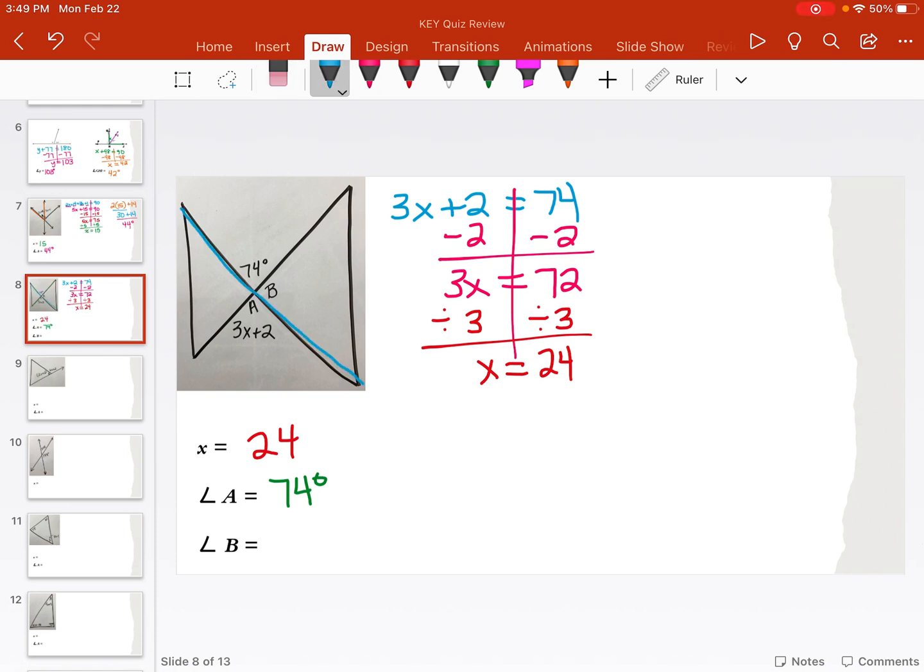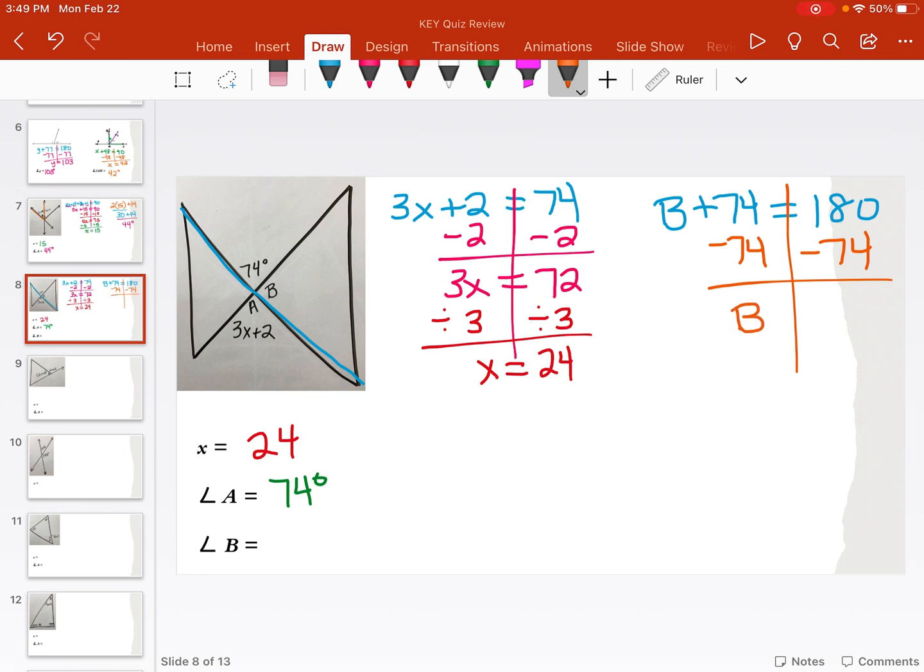Know that these two are making 180. So I have angle B plus 74 equals 180. Then I can subtract 74 and get that angle B is equal to 106. 106 degrees.